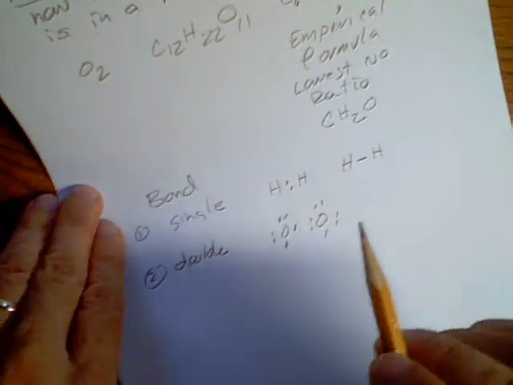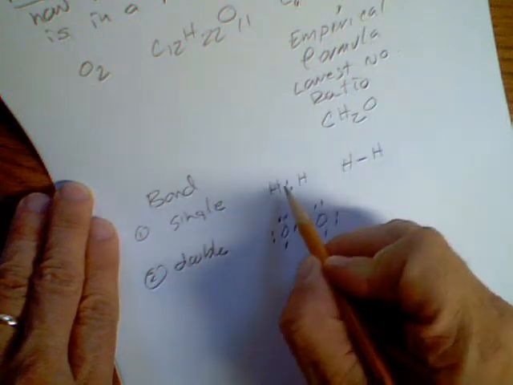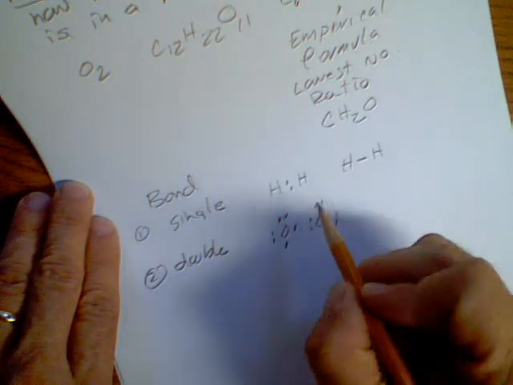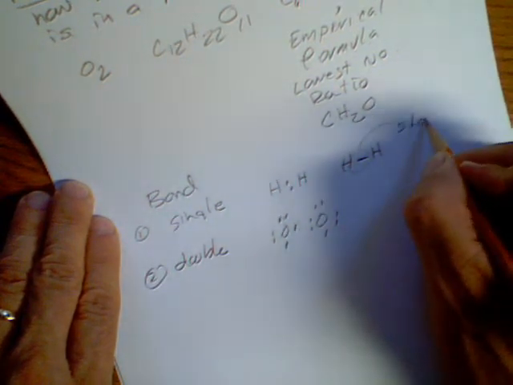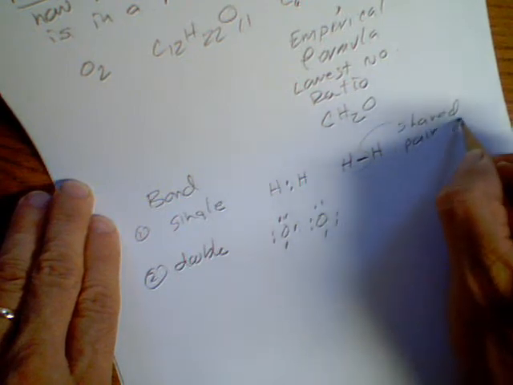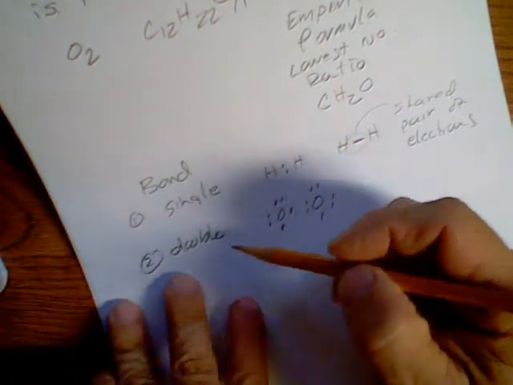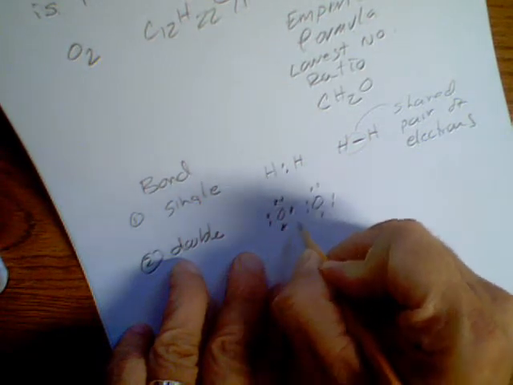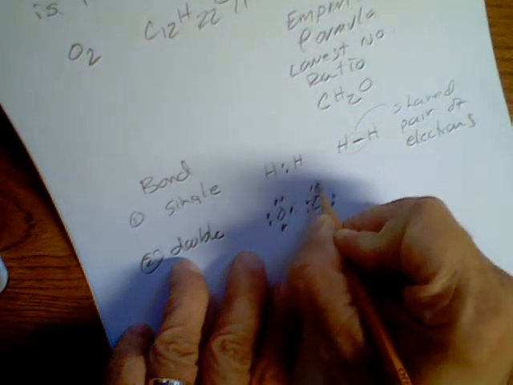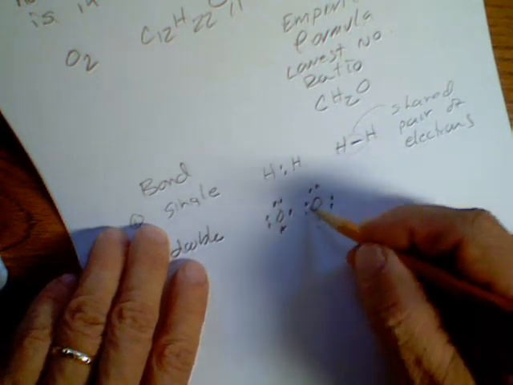Now, there are different types of bonds that we should describe. First, a single covalent bond. Hydrogen brings 1 electron, and so we could put a dash that indicates a shared pair of electrons. Now, oxygen brings 6, and it wants 8.